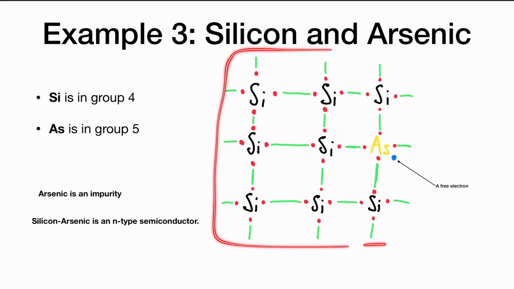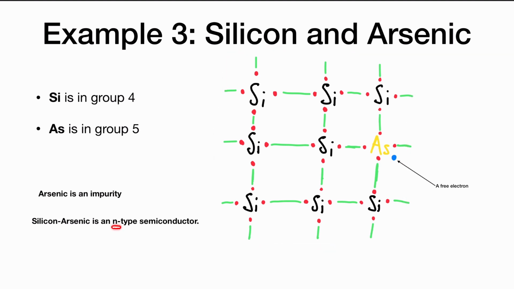This type of semiconductor is called an N-type semiconductor, because it introduced a free negatively charged particle, a negative electron. So we call it an N-type semiconductor. So this type of semiconductor, silicon arsenic, is an N-type semiconductor.